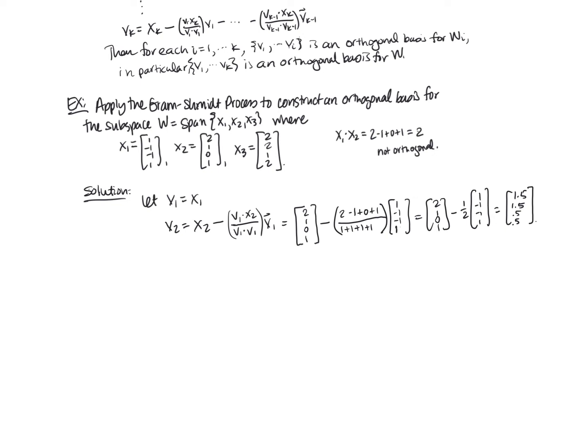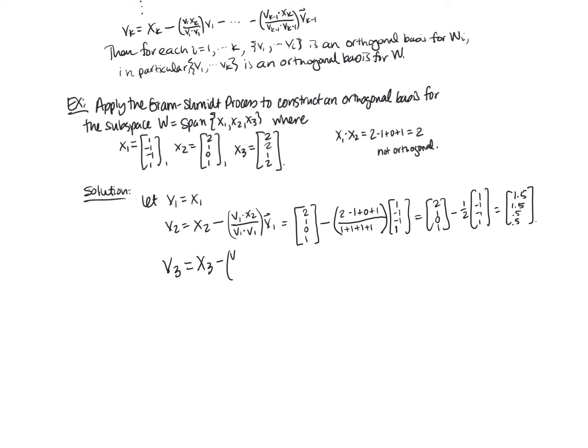And so next, I'm going to say v3 is going to be x3 minus, then I want to subtract off the bit that is in the direction of v1.